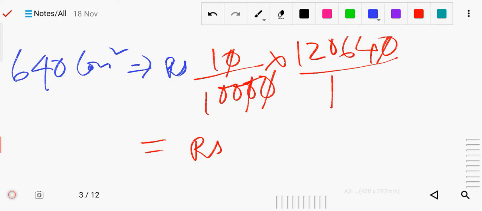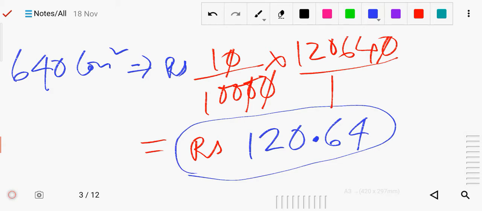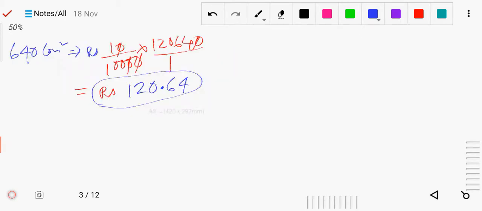So after 2 places it will be the decimal, 12064. So rupees 120.64 is the cost of such 20 cans.